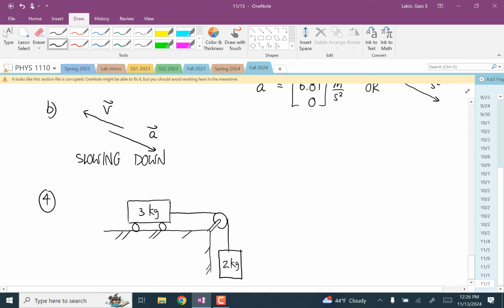And we want to figure out the acceleration vector of the 2 kilogram cart and the tension in the cable.